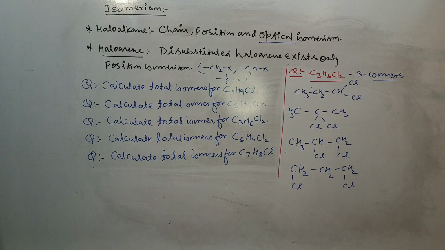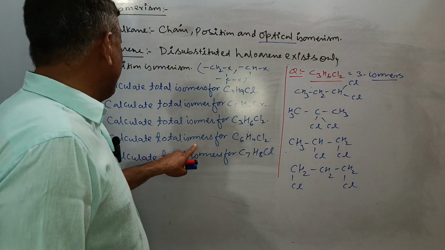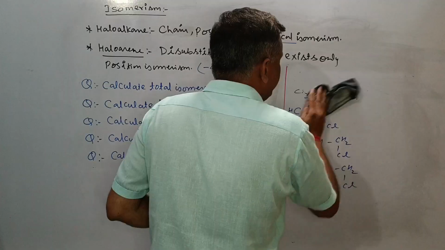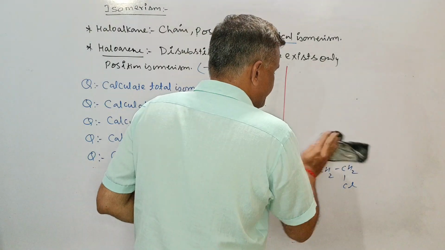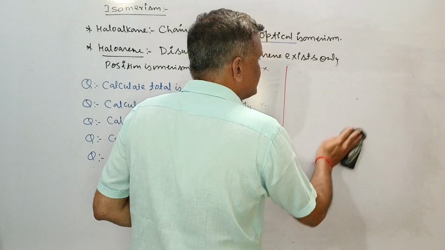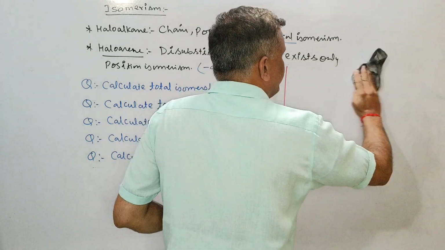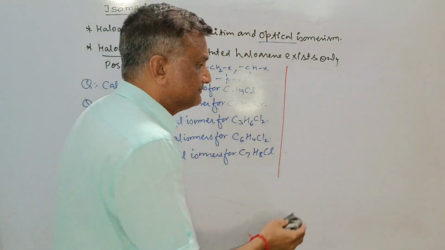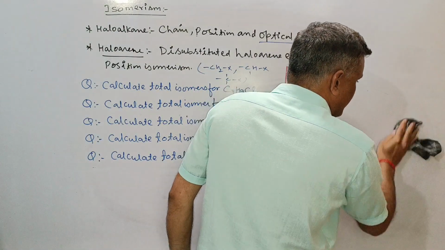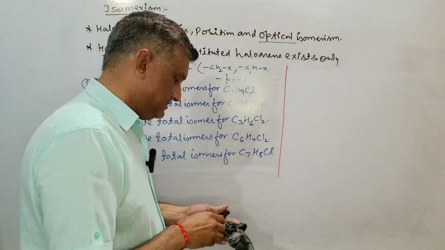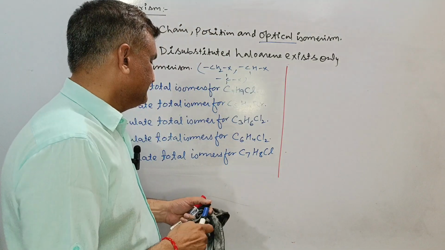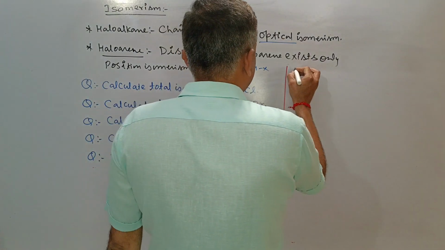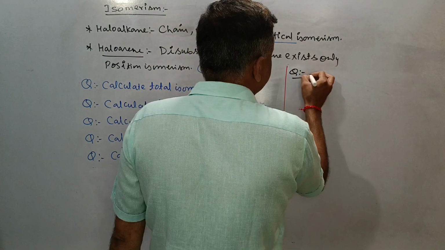Now it is time to discuss the fourth question. Listen to me carefully because it's too important. You can see here there are 6 carbons, so we can guess it should be aromatic also. So what is that? This is the question: C6H4Cl2.